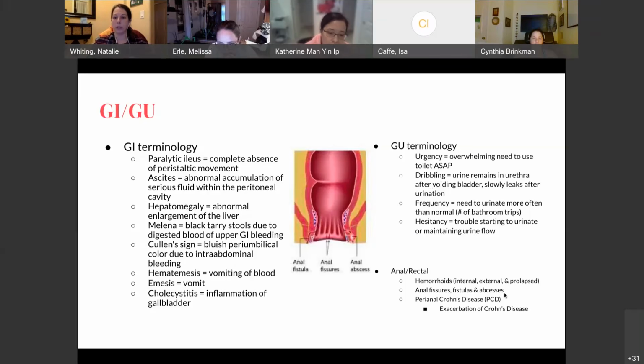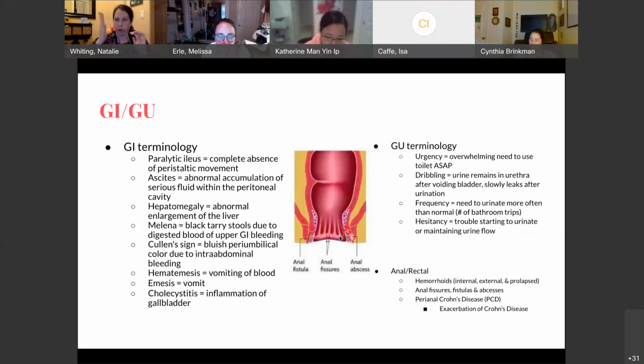Some anal rectal conditions down here, and I put a little animation of it up here. Hemorrhoids can be either internal, external, or prolapse. There's no hemorrhoids noted there, but anal fissures, fistulas, and abscesses. People might get fissures and fistulas confused. So a fissure is literally like a groove, it's a break within the tissue, right?